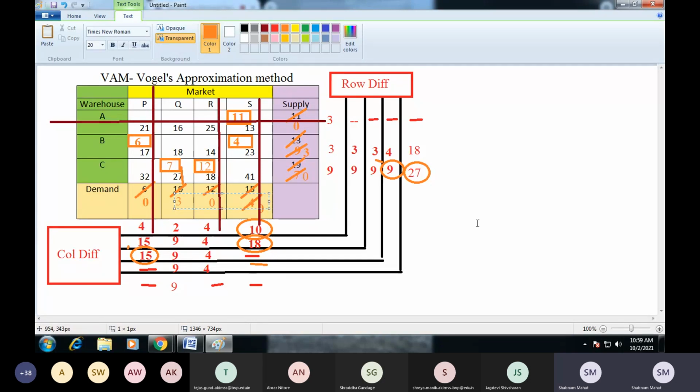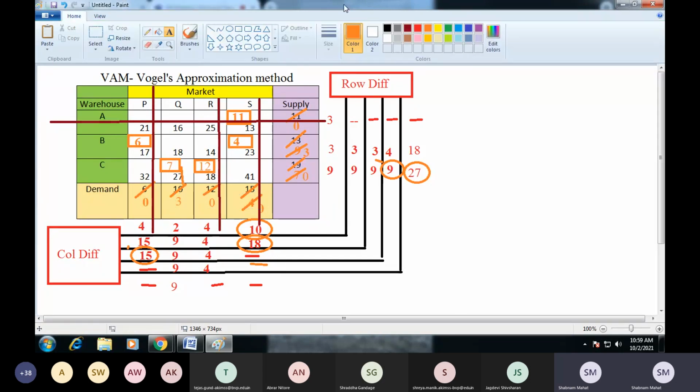So demand is now only for 3 units. Now, if we fulfill the total supply of warehouse C, then you have to remove this total row from our further consideration. Only a single cell remains, so you have to select that cell, because it is the last cell.